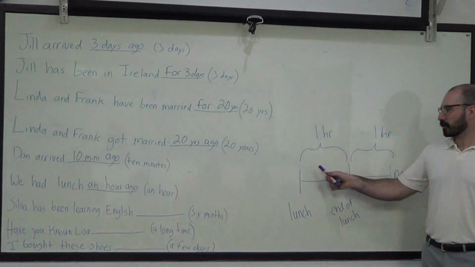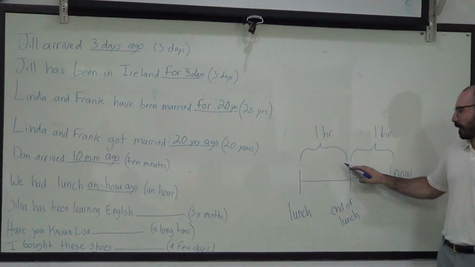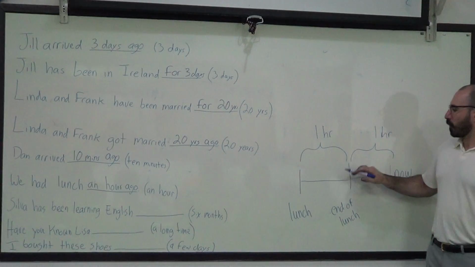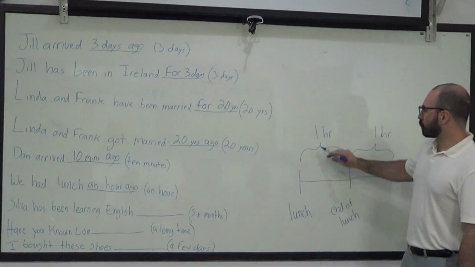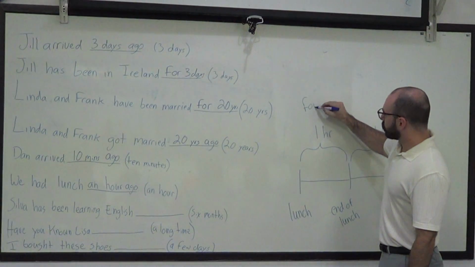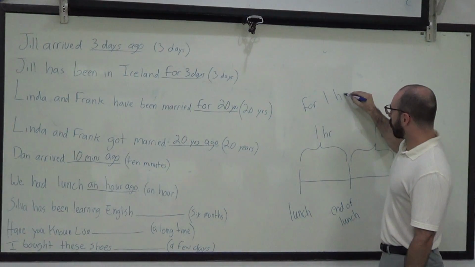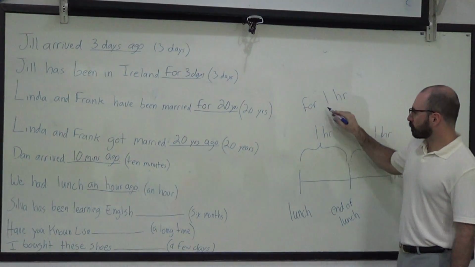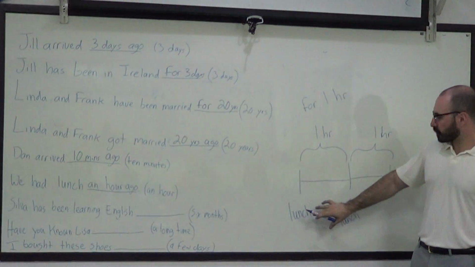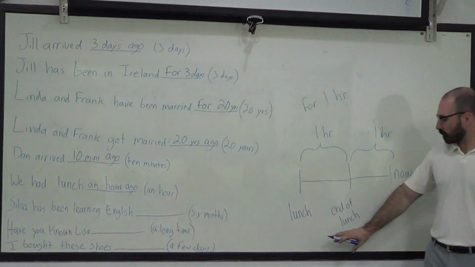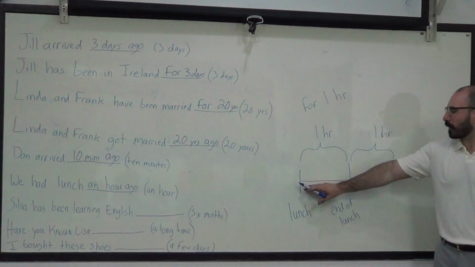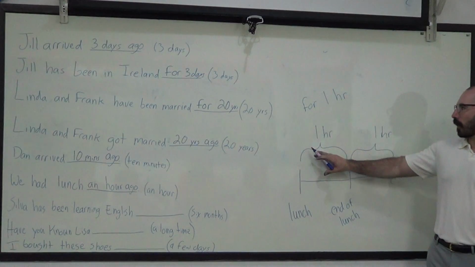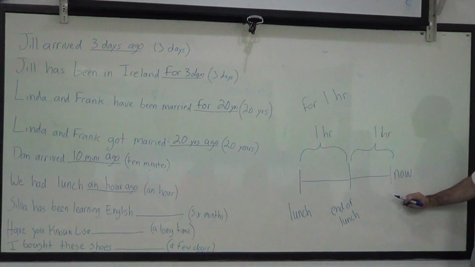So we had lunch an hour in the past. This one would say we had lunch for 1 hour, because lunch starts, lunch ends, 1 hour. But as to when did you have lunch?